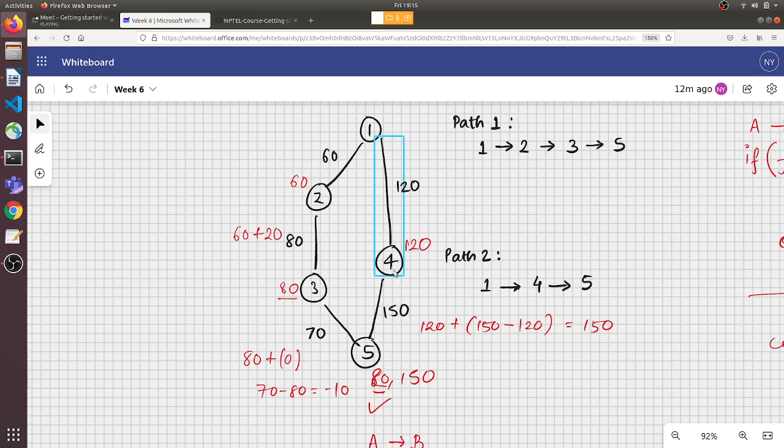Now the cost is actually the maximum of the cost to reach the intermediate node and the cost of the edge. So that is the update. Now you check whether the update is less than the current cost of the node or not. If it is less, then you update, otherwise don't update.